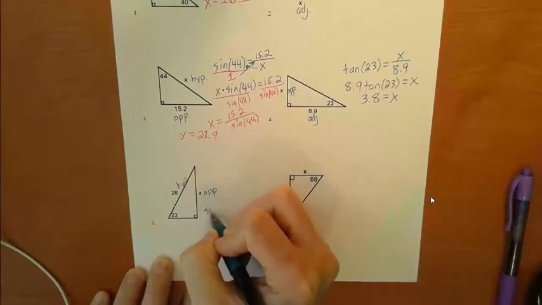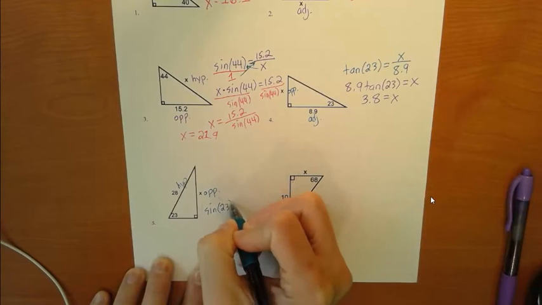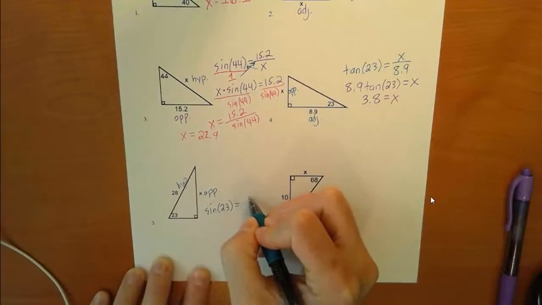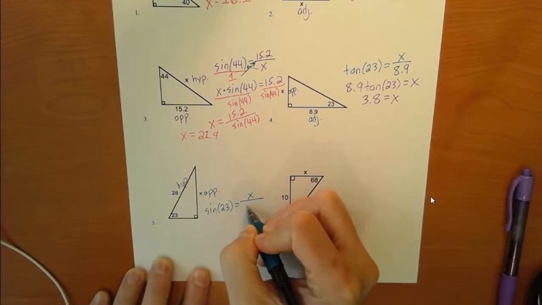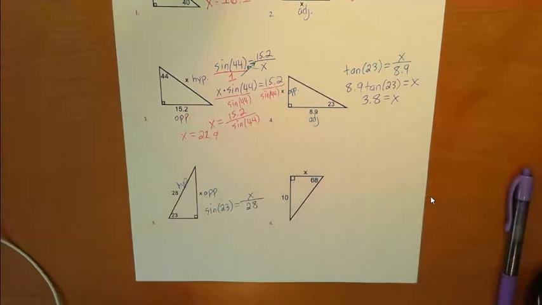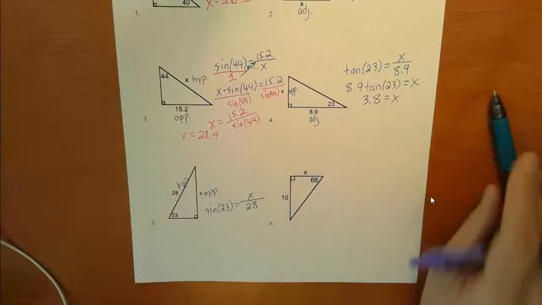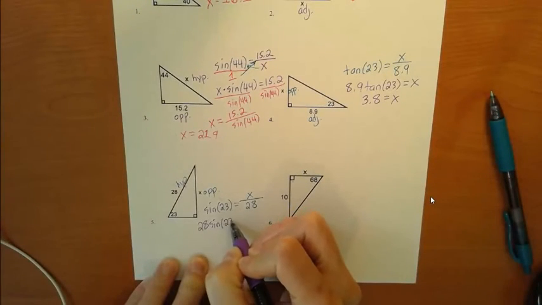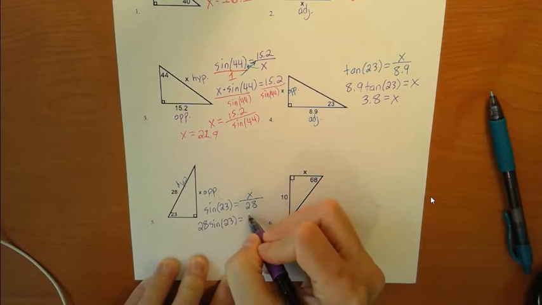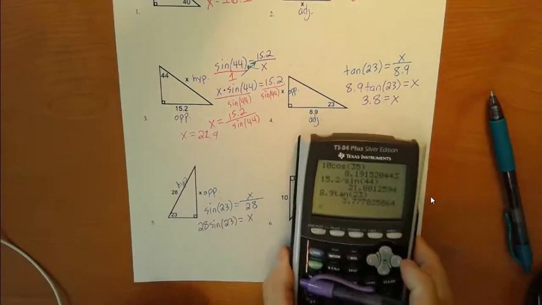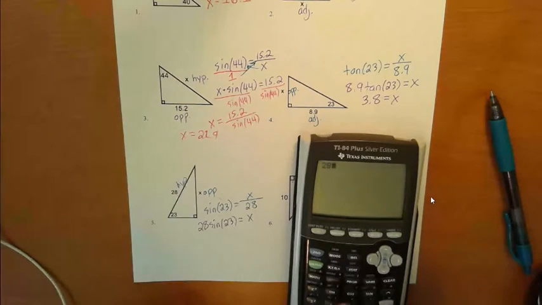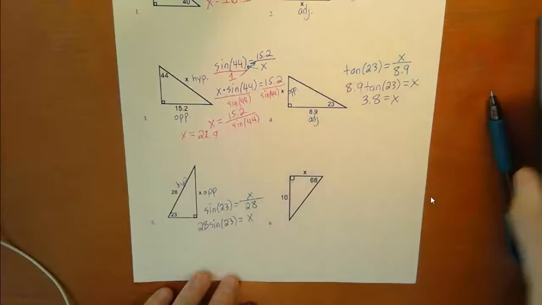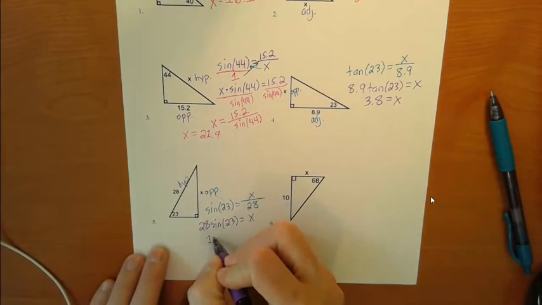So we have sine of 23 degrees is going to be equal to the opposite over hypotenuse. And we can find that answer pretty easily by just multiplying by 28 on both sides, giving us 28 sine of 23, and that is going to be equal to x. And we find that answer using our calculator, and we get 10.94, which will round down to 10.9.